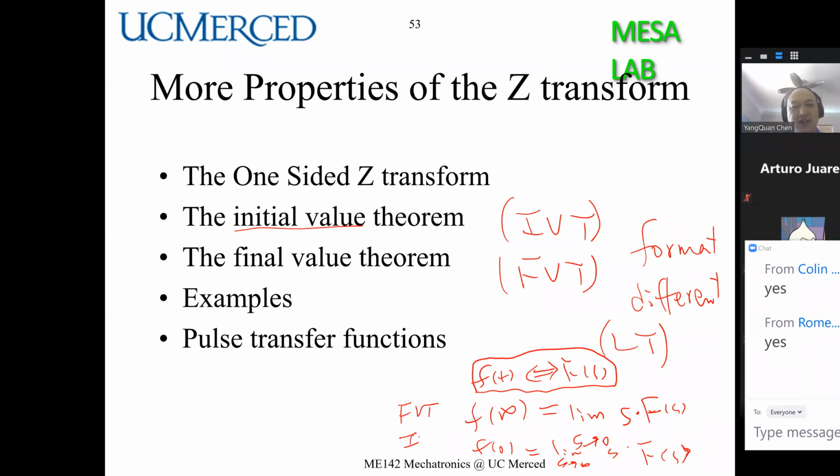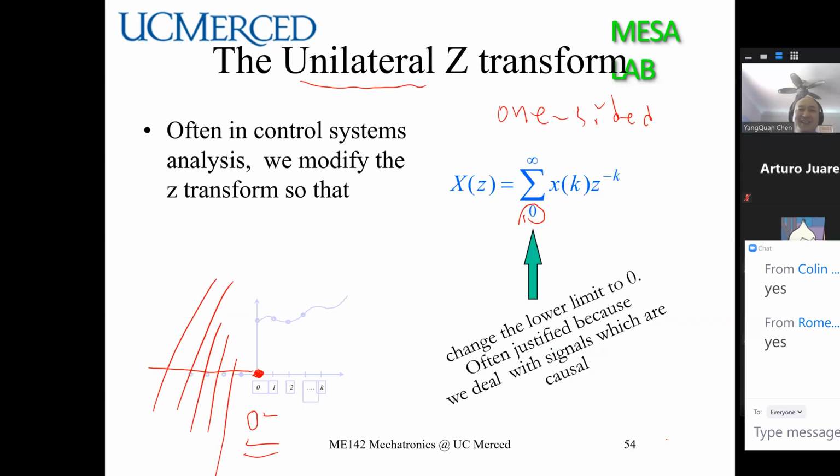This is IVT, initial value theorem. For the initial value f0, you send s to infinity, and you also have s times Fs. But I need to give you a warning. In Z transform, IVT and FVT are different, okay?